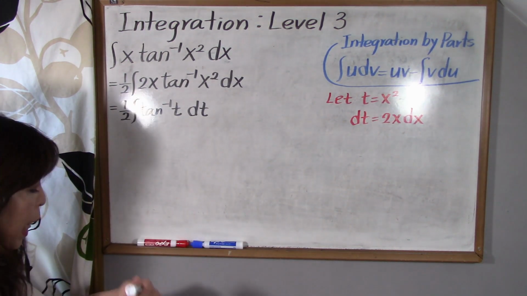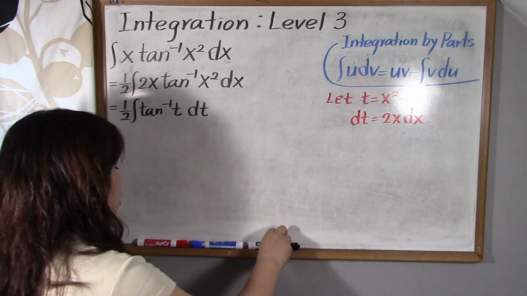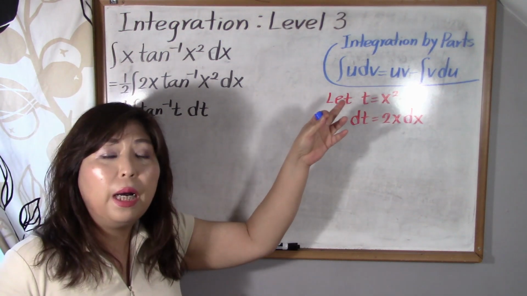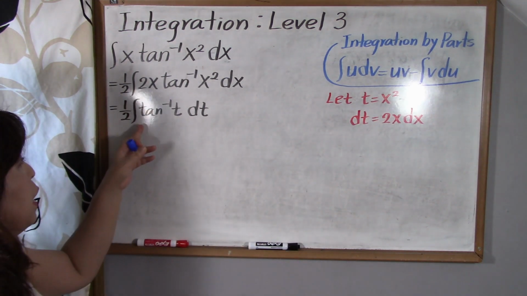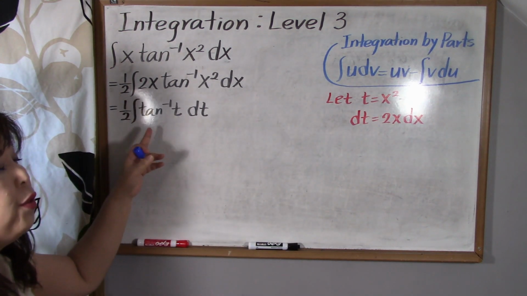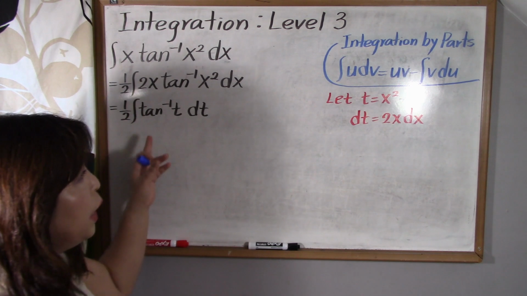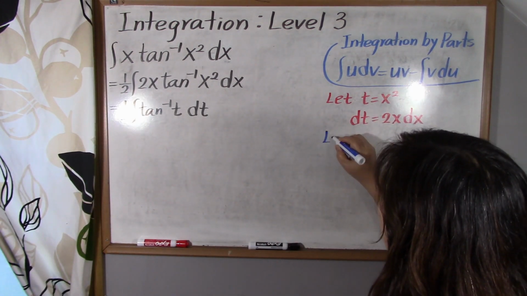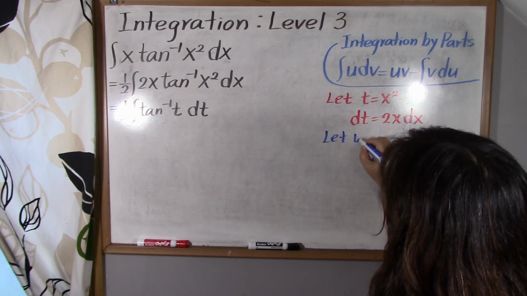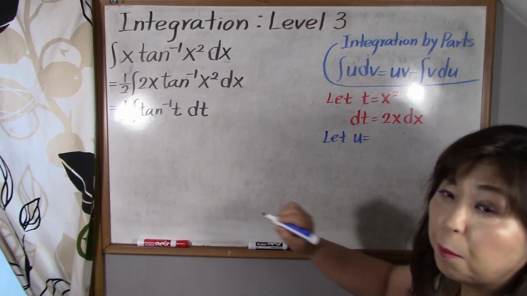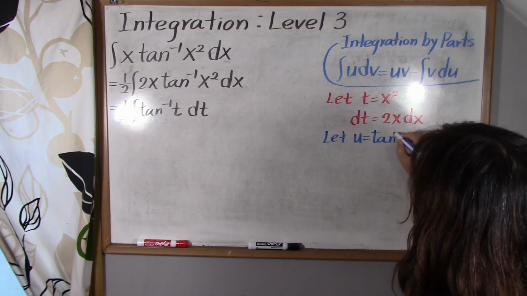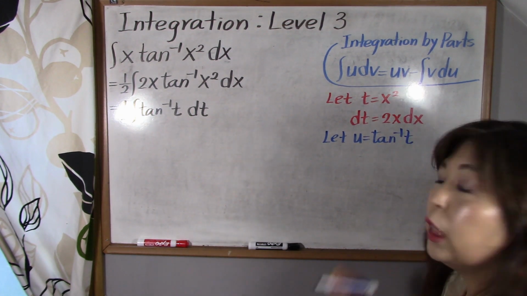Now next strategy, we are going to use the integration by parts formula. So this one is integral of u dv. So what is u? Let u be equal to inverse tangent of t.